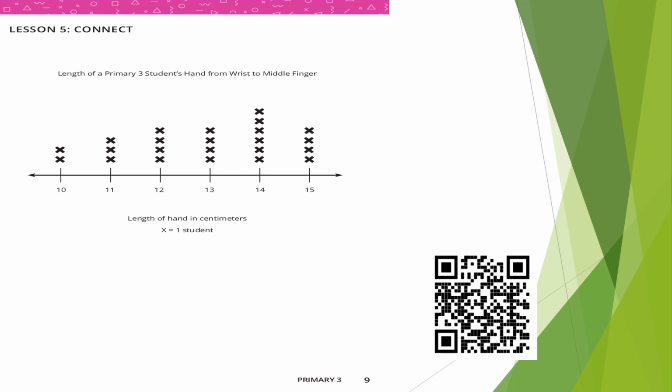So we find that 2 students, their hand length equal 10. 3 students, their hand length equal 11. So if I asked you, what is the frequency of 15? Yes, we will look at 15 and count how many x's? 4 x's. So the frequency of 15 equal 4.